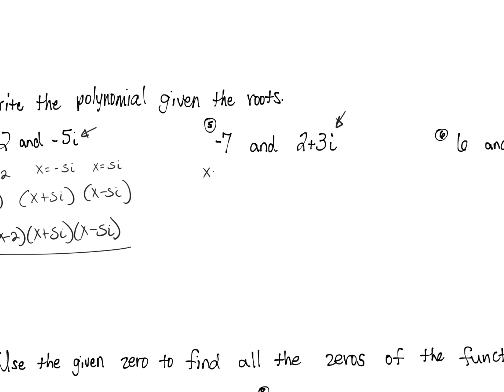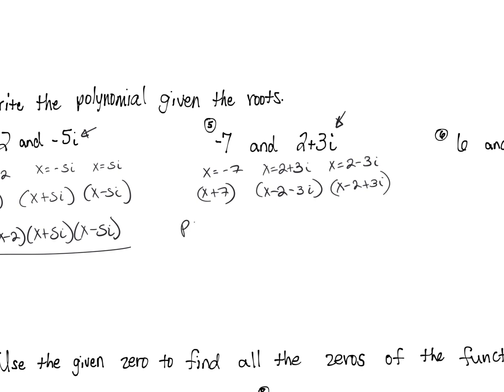So we have x is equal to -7, x is equal to 2 plus 3i, and x is equal to 2 minus 3i. So we're going to get x plus 7 for one parentheses. Here we're going to get x minus 2 minus 3i. And here we're going to get x minus 2 plus 3i.